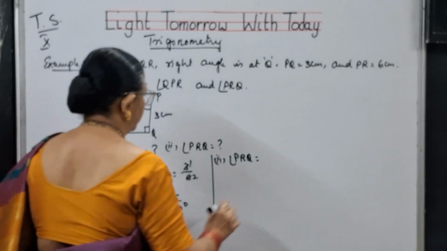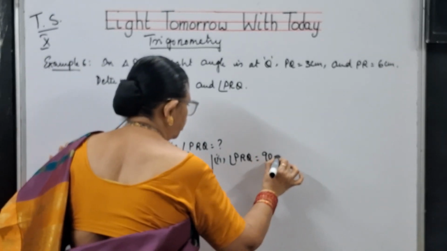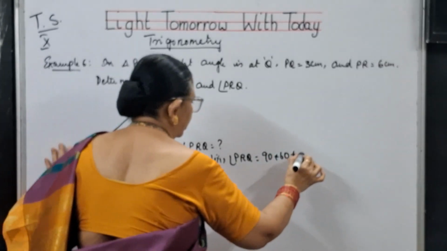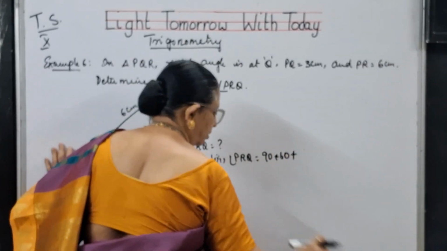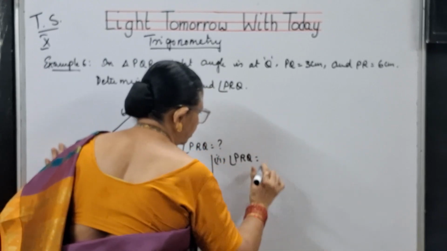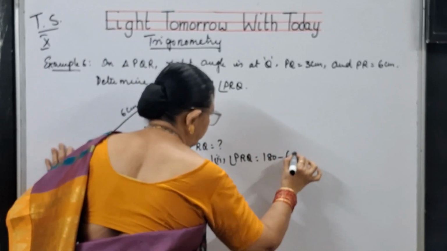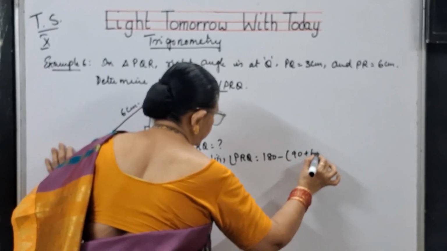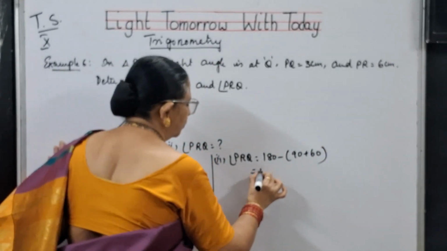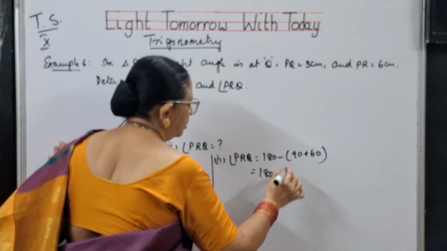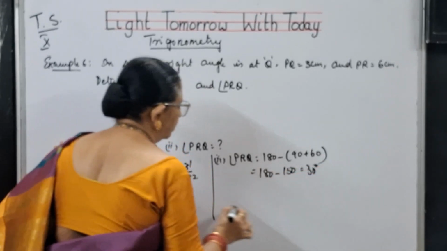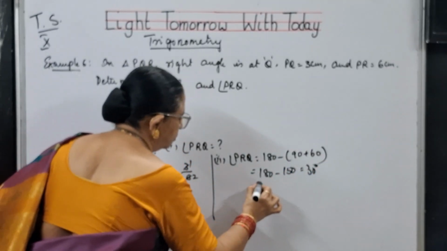So 90 plus 60 plus angle, this can be taken 180 minus 90 plus 60. Yes or no? Three angles measured is 180 degrees. So 180 minus 150, that is equal to 30 degrees. This is one method you can do, children.